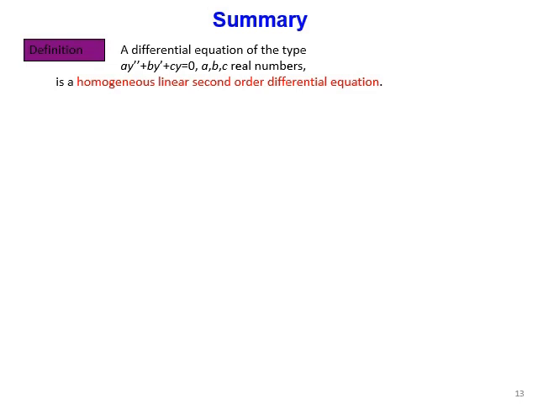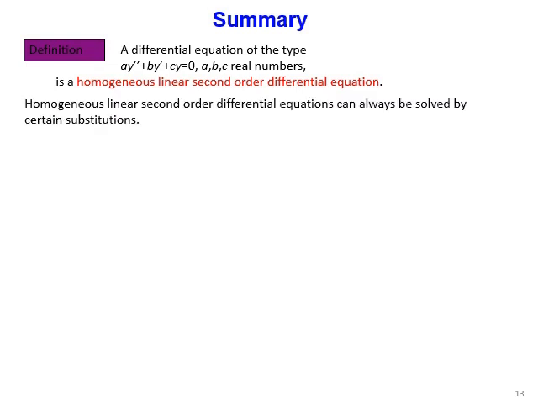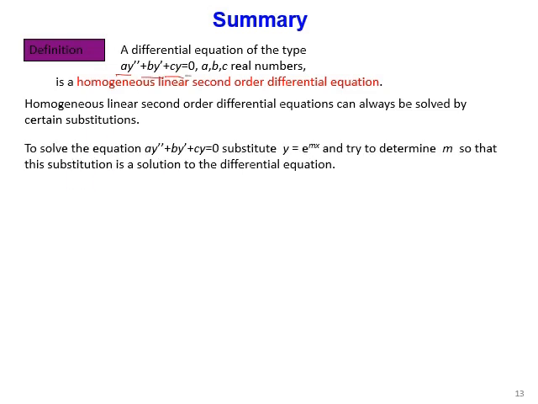Now let me summarize the discussion here for homogeneous differential equation. Homogeneous differential equation came in this form: a y double dash plus b y dash plus c y equals 0, where a, b, c are real numbers. Now let's assume y is exponential mx.